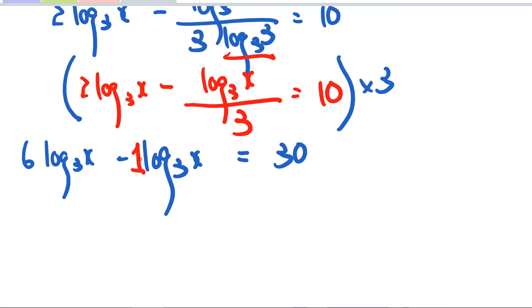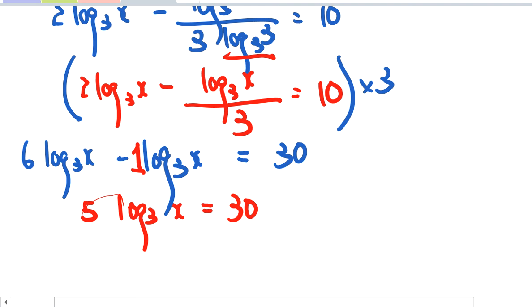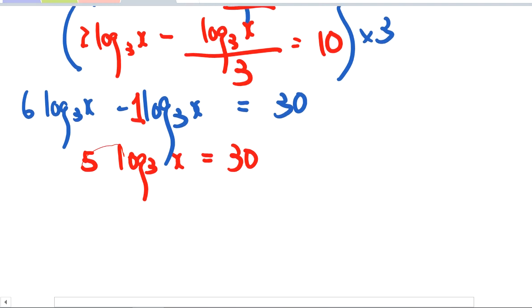How many is left? 6 minus 1 means I'm left with only 5. Then what should we do next? Hilfi? Divide by 5. Very good. After that? Then index form.